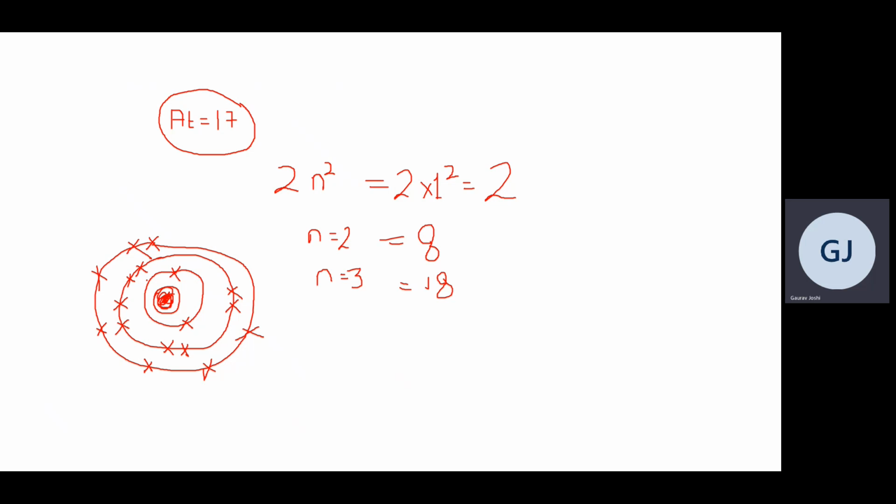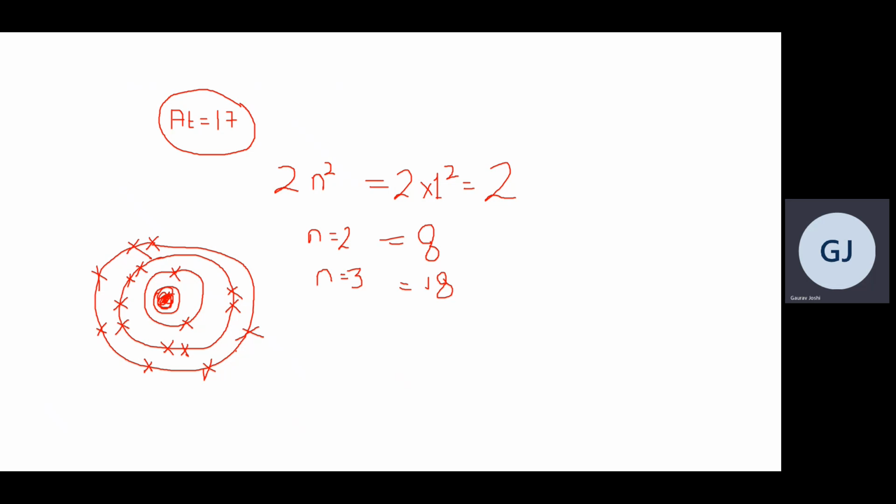The first shell, that is n equal to 1, the K shell, has 2 electrons. The second shell, when n is equal to 2, has 8 electrons. The third can accommodate a maximum of 18, but we are only left with 7 electrons, so 7 electrons will occupy the third shell.